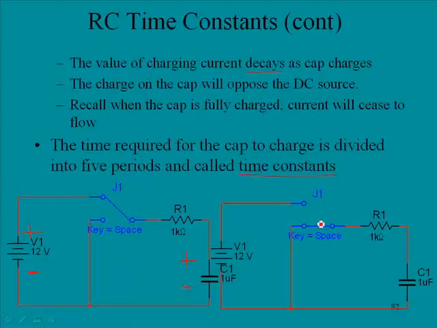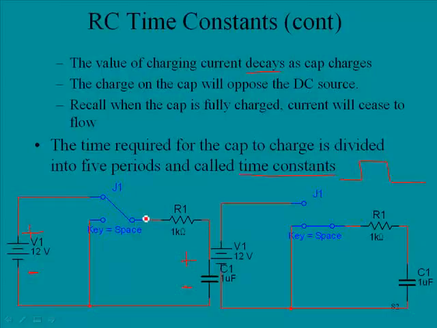Before we go there, though, let's take a look at this particular schematic. Notice when the switch is closed, the voltage is no longer applied, so the applied voltage would be like this. At this point, we've got no voltage applied. But in this case, the circuit is closed, and now there is a discharge path for the capacitor.